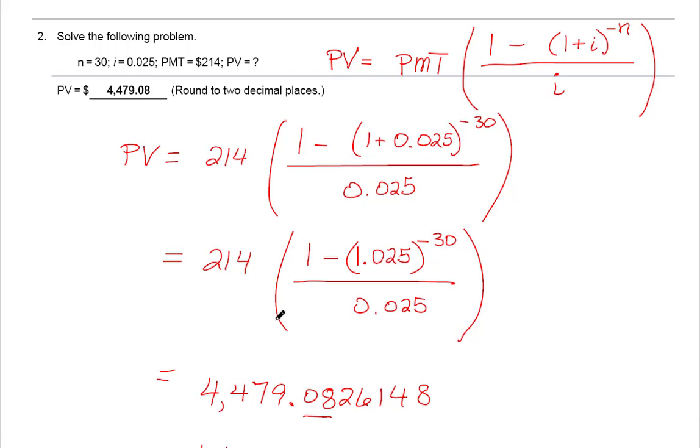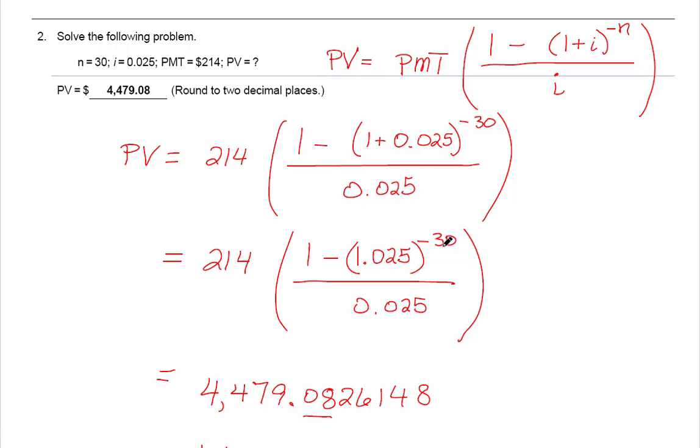Now, I don't want to write too much down because if I write it down, the rounding is going to be a problem. So the question is, well, where do I start here? Start right here. Put in 1.025. All right. We need to raise it to this exponent.